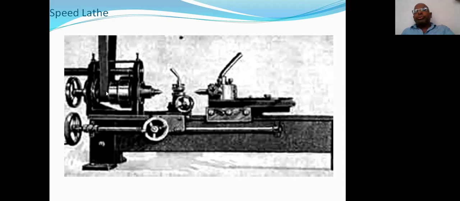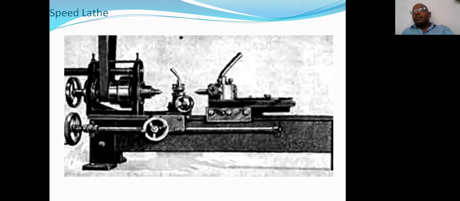pulley. So in this diagram, we are visualizing a stepped pulley of 3 different sizes. Based on the required speeds, the size of the machine, and the purpose, in some situations the stepped pulley may consist of even 4 different sizes also.